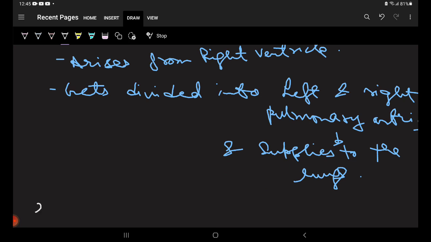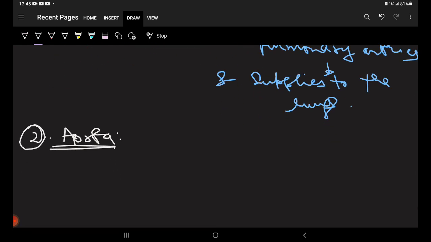Let's move on to the second, that is the aorta. If we talk about the aorta, then it arises from the left ventricle.